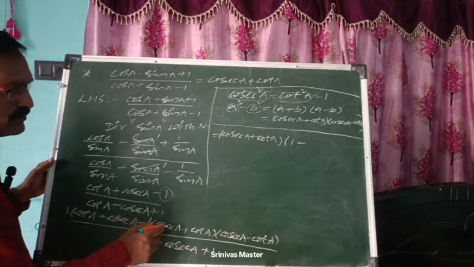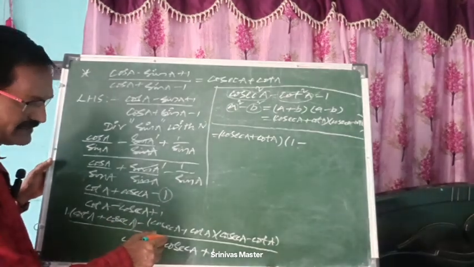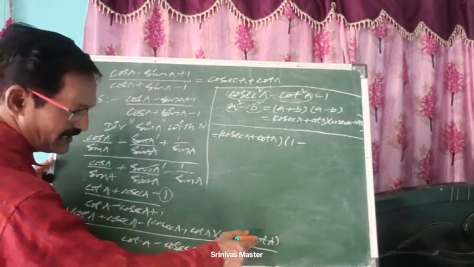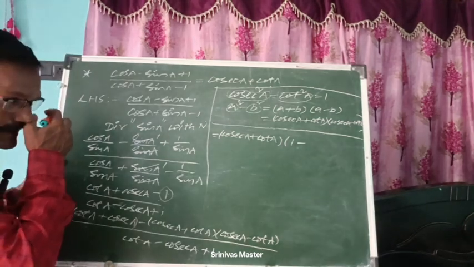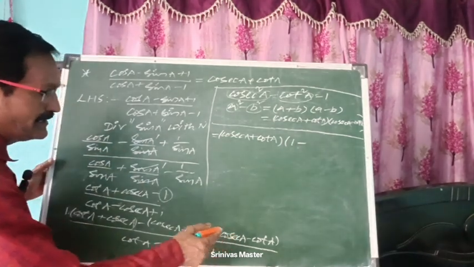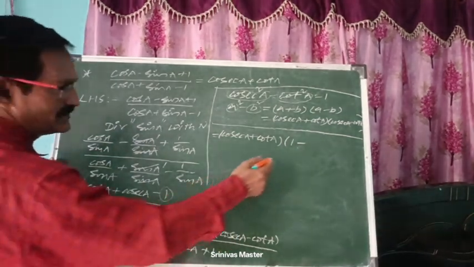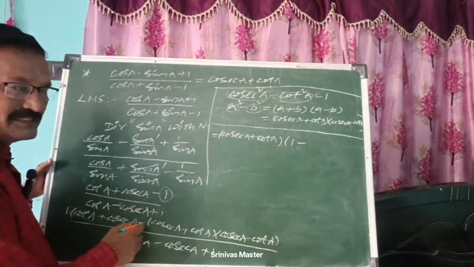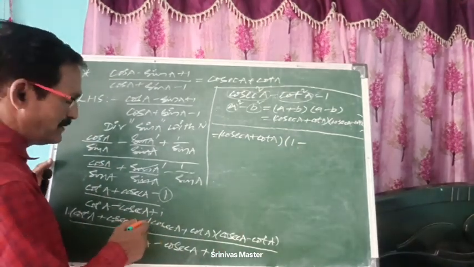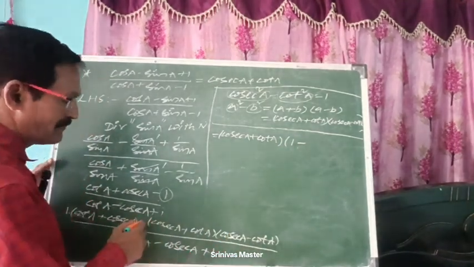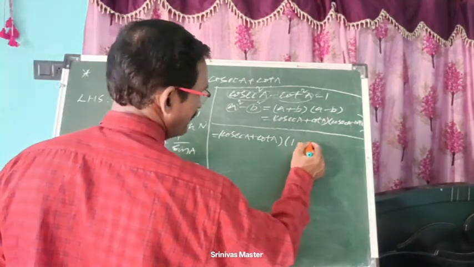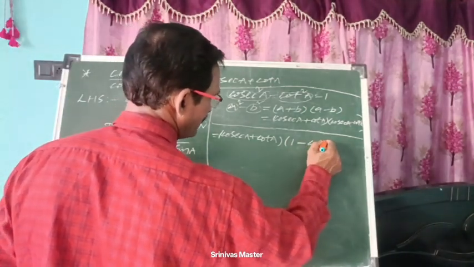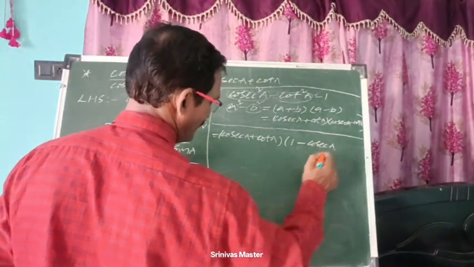Next, minus of cosec A plus cot A, already the common factor. Remaining, how much is there? Cosec A minus cot A. So that cosec A minus cot A is multiplied with minus. Here minus you take as a common factor. Minus is there now already. So multiply minus with this term. That means minus into cosec A minus cosec A. Okay.